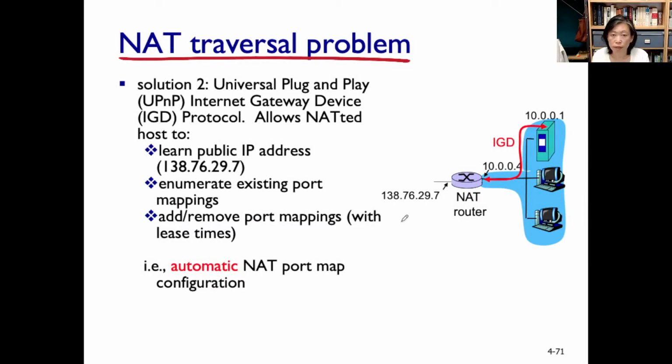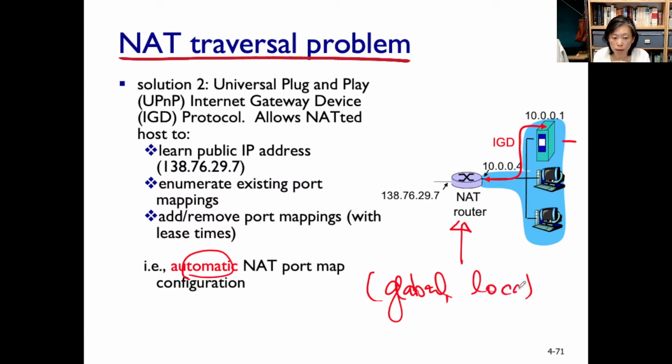Solution 2 is the exact opposite of solution 1. Instead of doing things manually, we now do things automatically. We're hoping to set up the global to local IP address and port number mapping in the NAT box. The server needs to know the global IP address and the global port number so that it can inform all the clients outside trying to reach it.